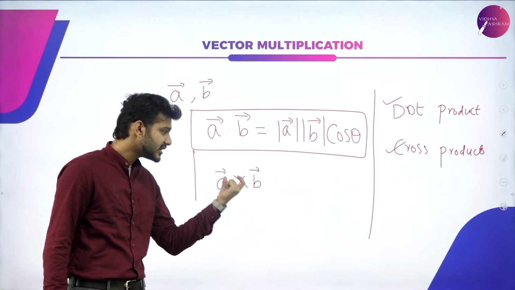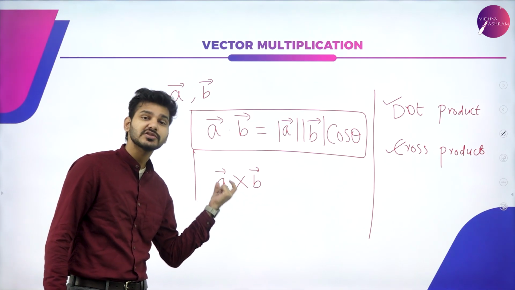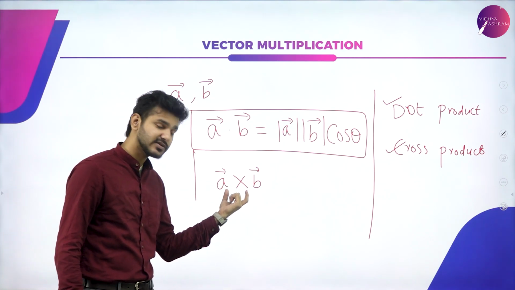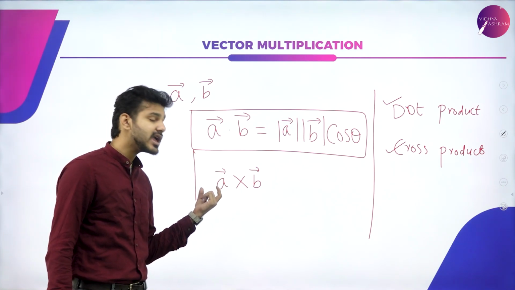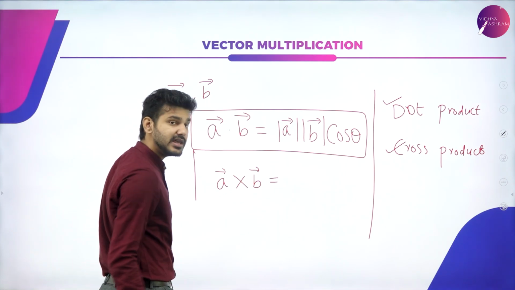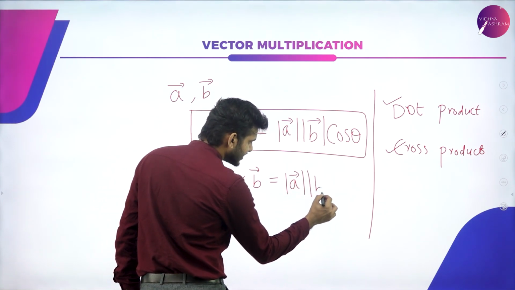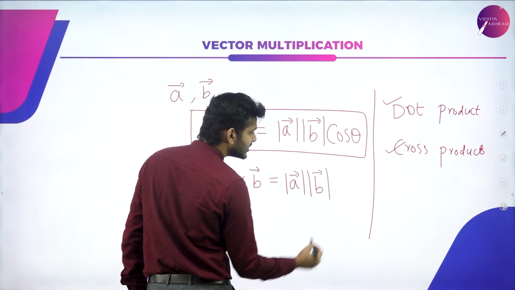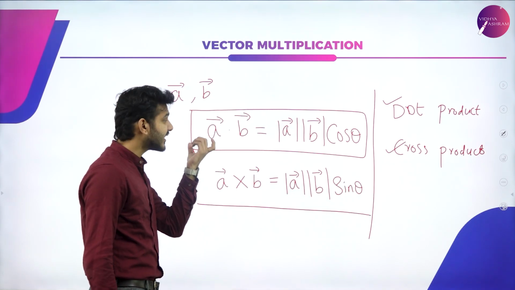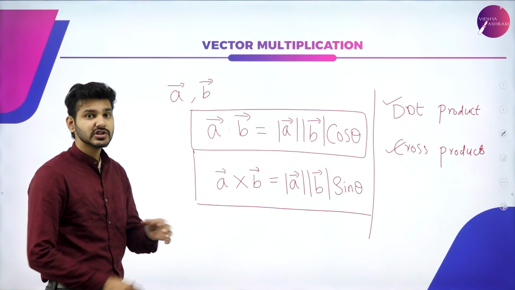And this A cross B is read as vector A cross vector B. In terms of vectors, when we multiply them using this symbol, it is known as vector A cross vector B. Now, vector A cross vector B will be equal to the magnitude of vector A into the magnitude of vector B into sine of the angle in between them. So this is the definition of dot product and this is the definition of cross product. So it is very simple.